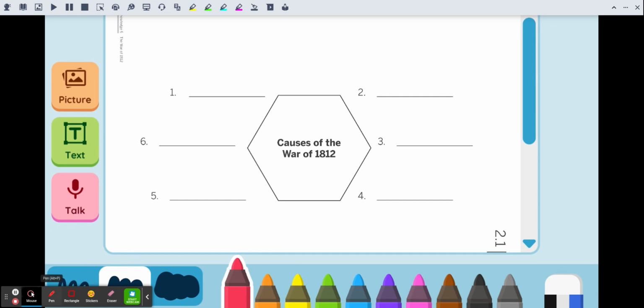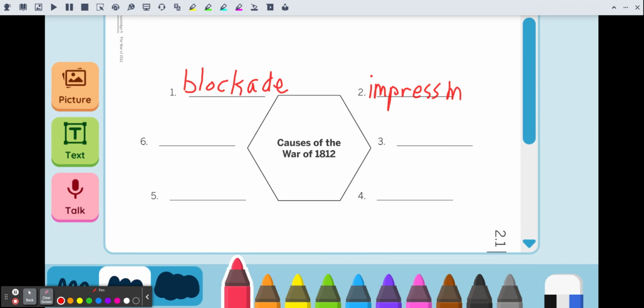So far, we should have blockade on line 1, impressment on line 2, and cargo on line 3.